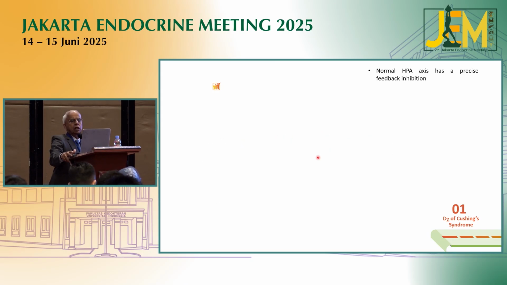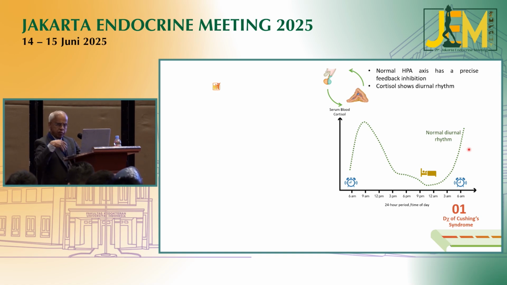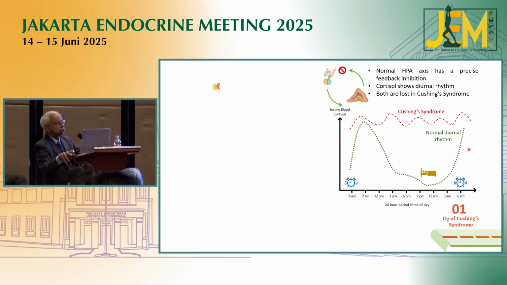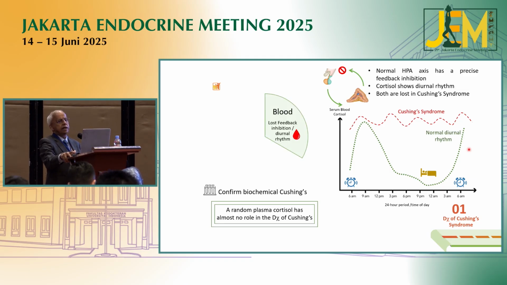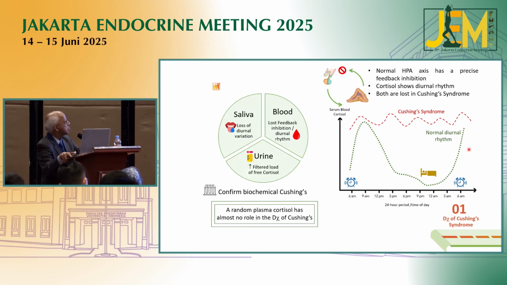So, if you go pathophysiologically, we have a feedback mechanism. We have variations in our daily cortisol. In patients with Cushing's, both are lost. Therefore, you can't use a random cortisol to diagnose Cushing's. You confirm Cushing's either by blood tests, urinary tests, or more recently, salivary cortisol. We don't have it routinely in Singapore.